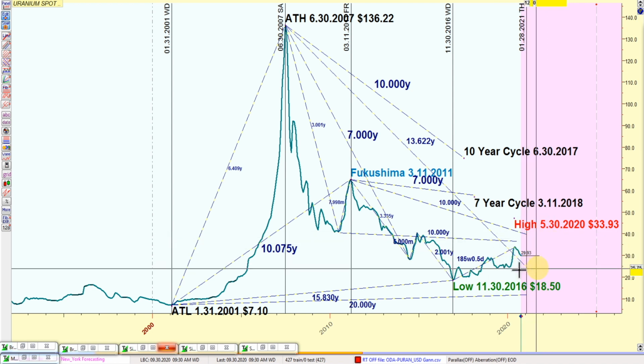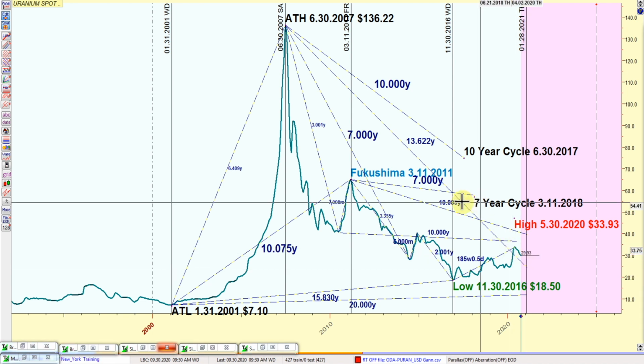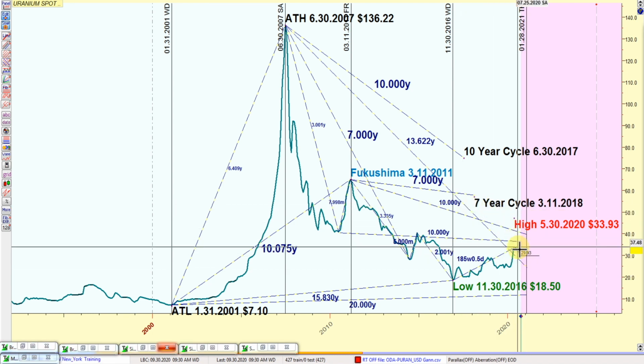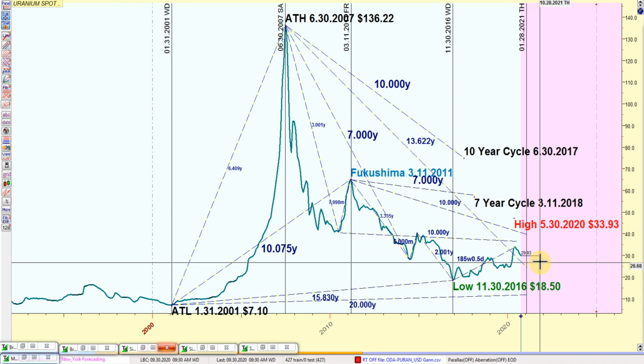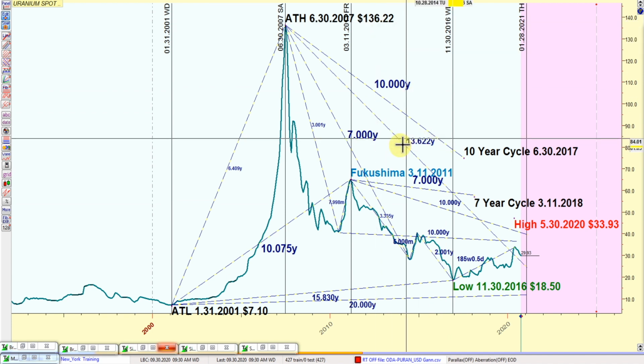I don't know what the catalyst is. All I know is that there is a big cluster lining up right here. And I am showing it to you today as an investor so you could be aware of what we are approaching. A big price in time.